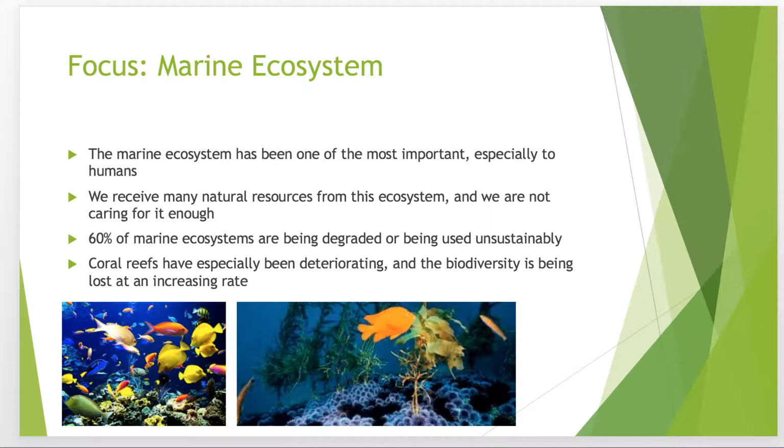This is very astonishing, considering that we rely on the marine ecosystem for so many of our resources. It should only seem natural that we should care for it and make sure that it is protected. However, we're doing the complete opposite and are ignoring its uses to us. Specifically, coral reefs have been deteriorating, and biodiversity is being lost at an increasing rate.